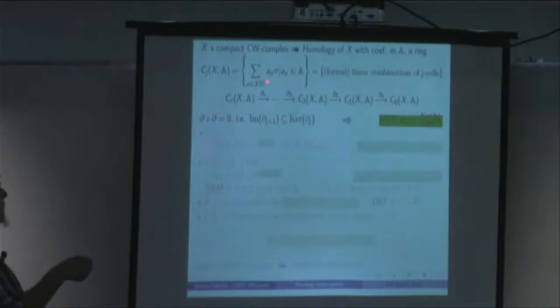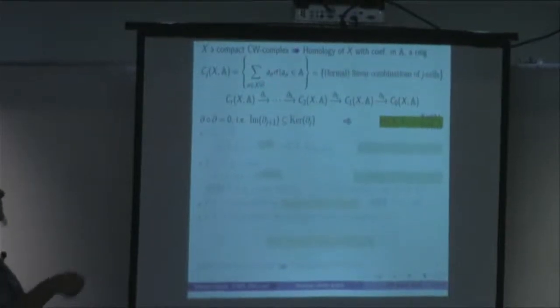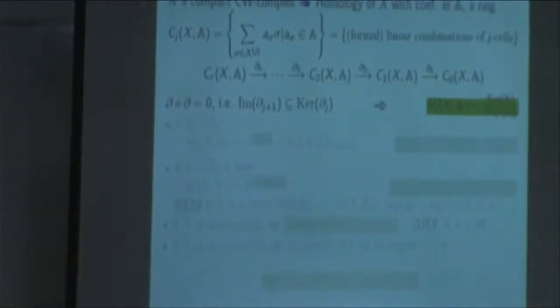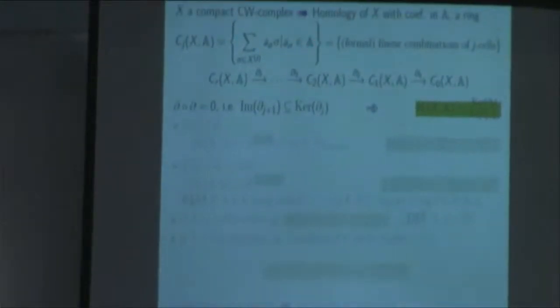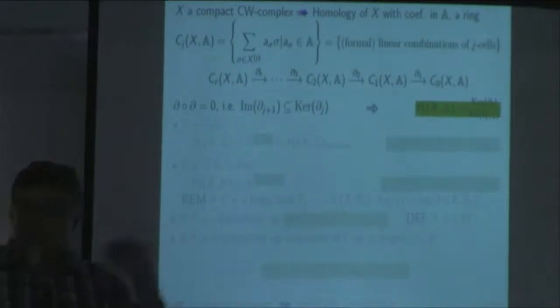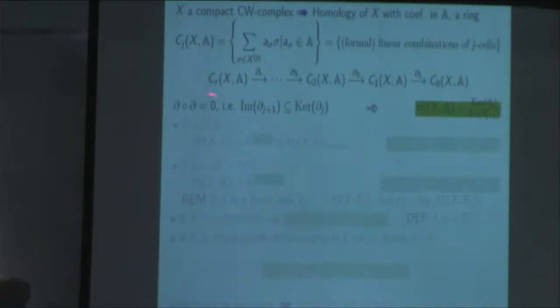Okay, so it's the sum of A sigma times sigma for sigma a cell and A sigma an element of the ring. And of course, you know that you have the boundary maps sending one space of chains to another one of dimension 1 less. And if you compose twice this boundary map, you get 0.